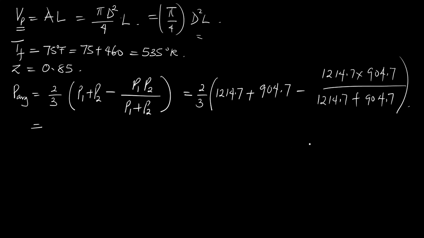So let's now make use of our calculator to calculate this. We have to divide by 3 times bracket open 1214.7 plus 904.7 minus 1214.7 times 904.7 divided by bracket open 1214.7 plus 904.7 bracket close, equal to.